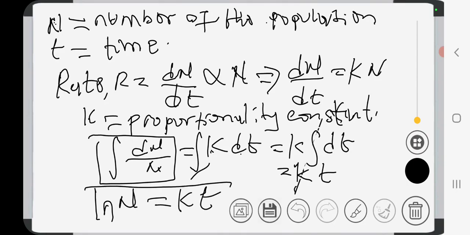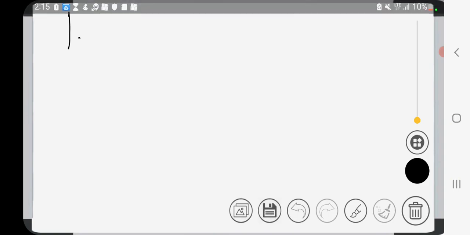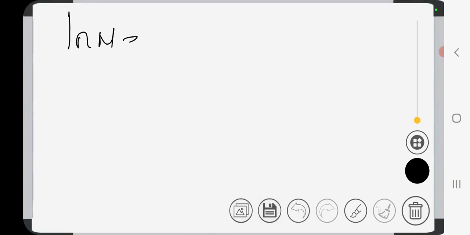So we move down to the next line of our solution. We ended the other line as ln n is equal to kt.